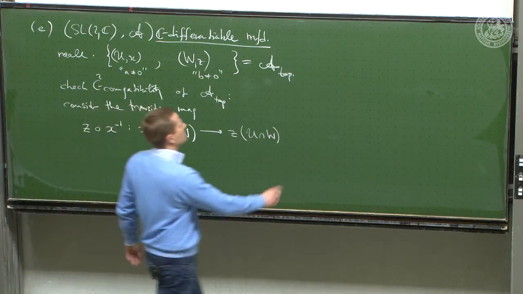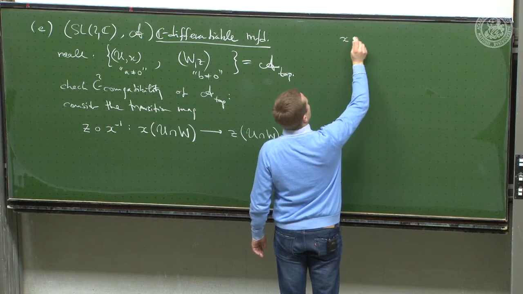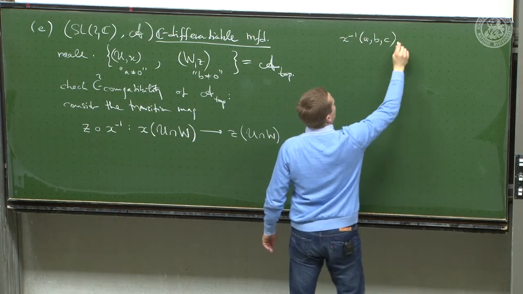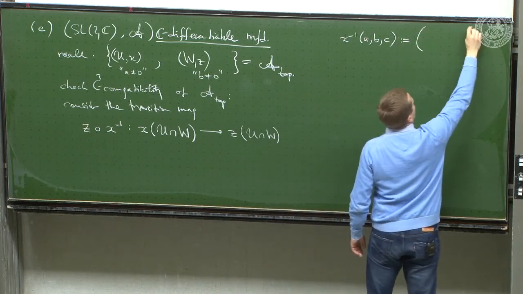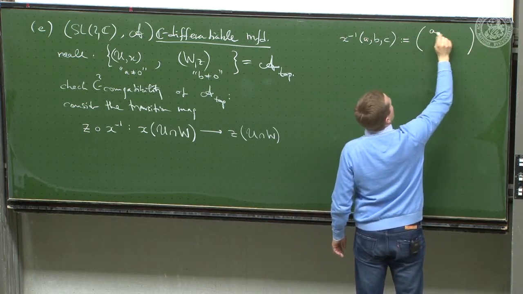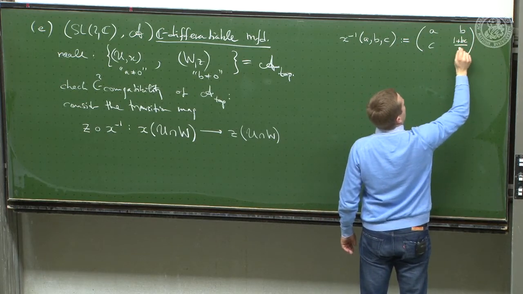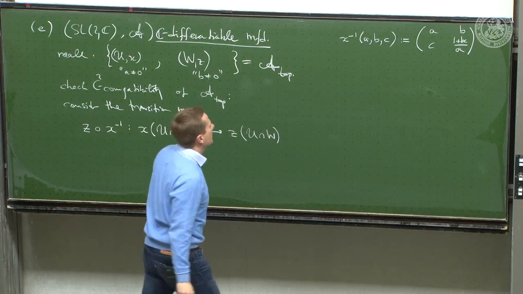I'm sorry, I need to write down again what the X inverse was. The X inverse took A, B, C and reconstructed from it the point, which was A, B, C, 1 plus BC by A. Was that right? That's what we wrote down, okay.